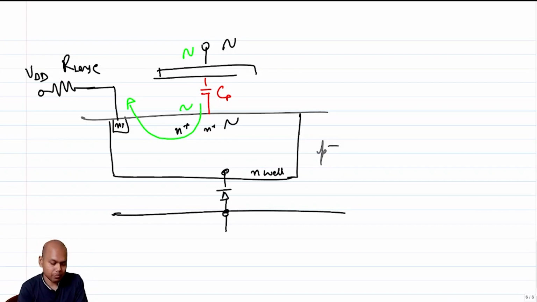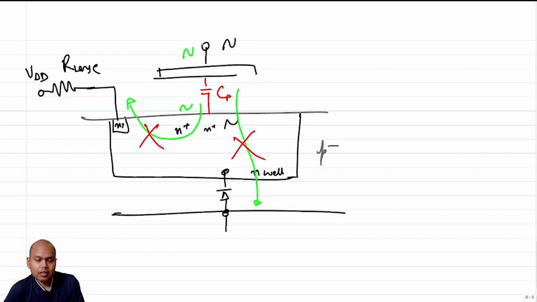This is a high impedance path, so your displacement current cannot flow into this path. Can it flow into P-type? Can it flow here? No, it cannot, because I have a reverse bias diode there. Correct? So it looks like by playing this trick, I have been able to make the substrate high impedance, right?